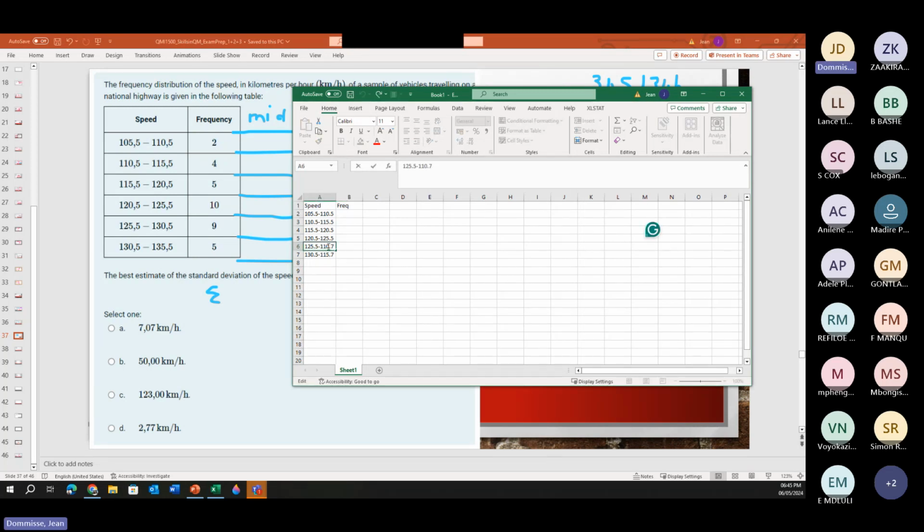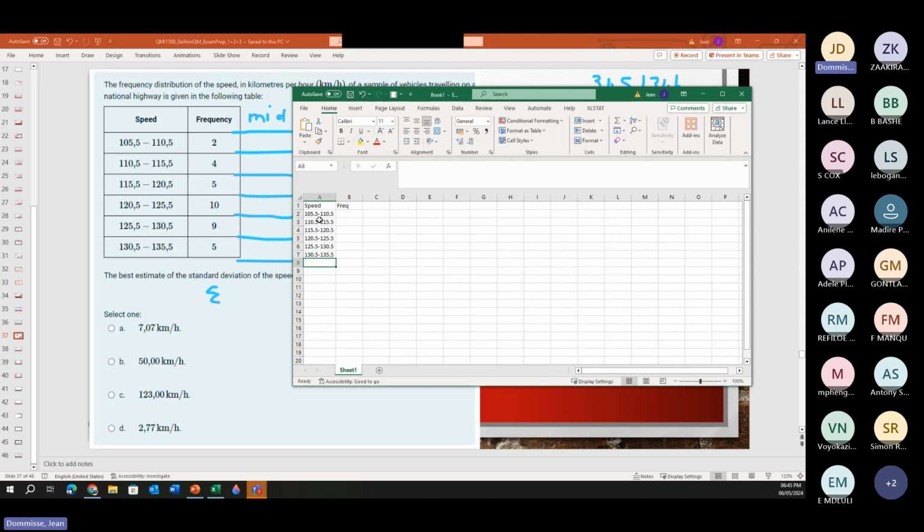What I'm going to show in Excel, I'm going to show you all the calculations as well. Most of the calculations I will quickly show you how to do as well.